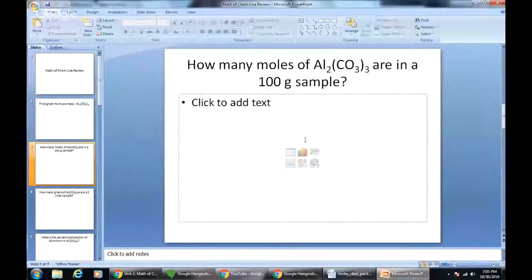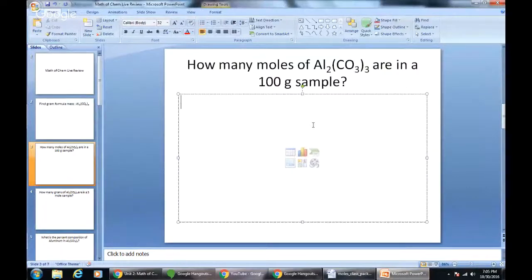Al2CO3, that mass is 234 grams. Okay, so let me show that to you again. To do this, you need to have 2 aluminum.